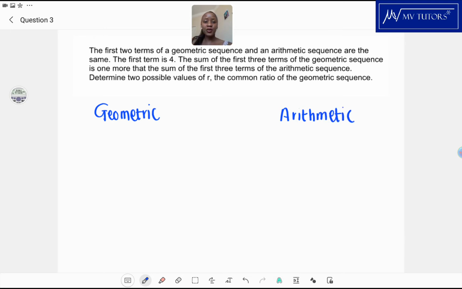So the first term is 4 for both of them. The second term is also the same. Oh, they said the first 2 terms are the same, so the third one won't be the same. Okay, so I can work with this.